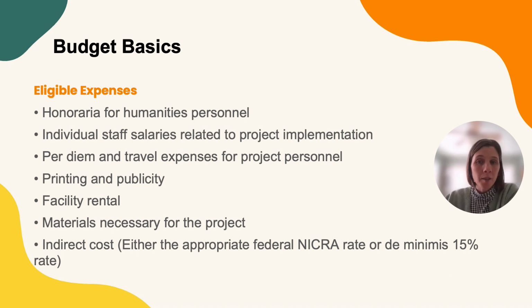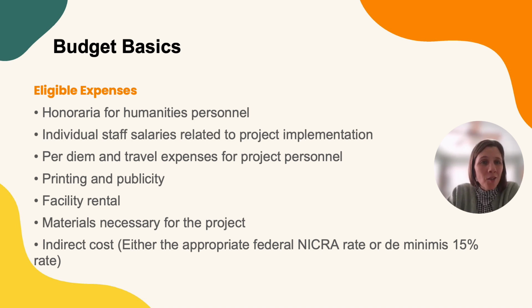Just don't forget to include the calculations for those amounts. Eligible expenses could include per diems and travel expenses for project personnel. We have rates for mileage and things like that included in the details in our grant application packet, so make sure you download that packet of the grant application instructions.